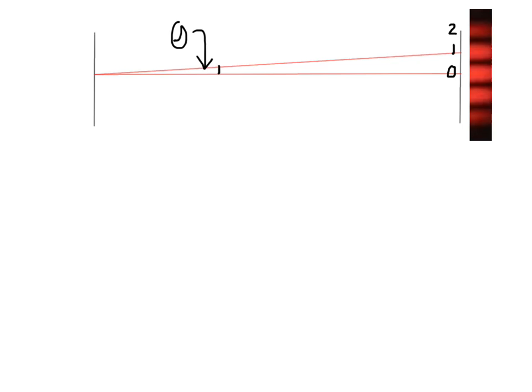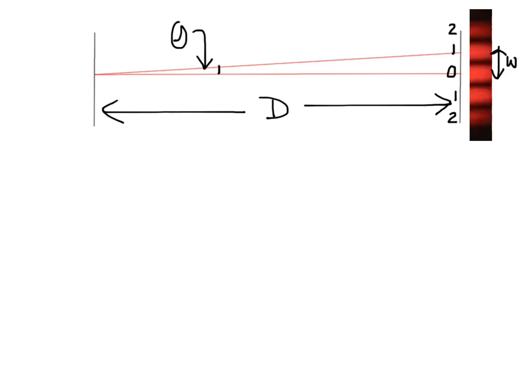You could also number them in the other direction, so you've got 1 and 2 on that side as well. When we talk about the nth fringe, you just count from the middle, assuming that the middle one is 0.